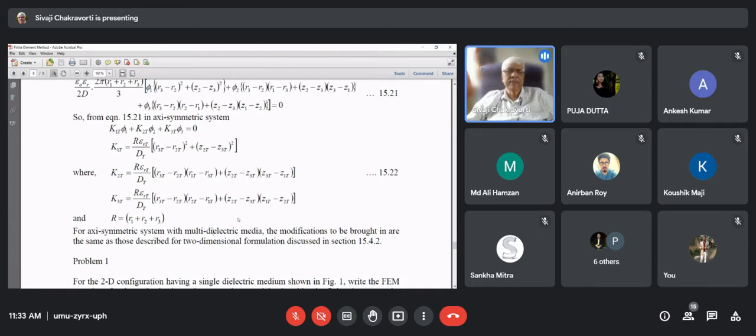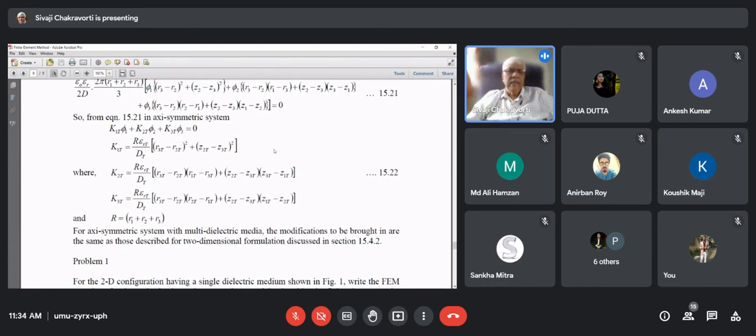The only change is that one additional term has come, R, but that R is also related to the coordinates. So once I define the triangle and know the coordinates, which comes from the mesh generator, our problem is solved. That's really the beauty of the FEM.